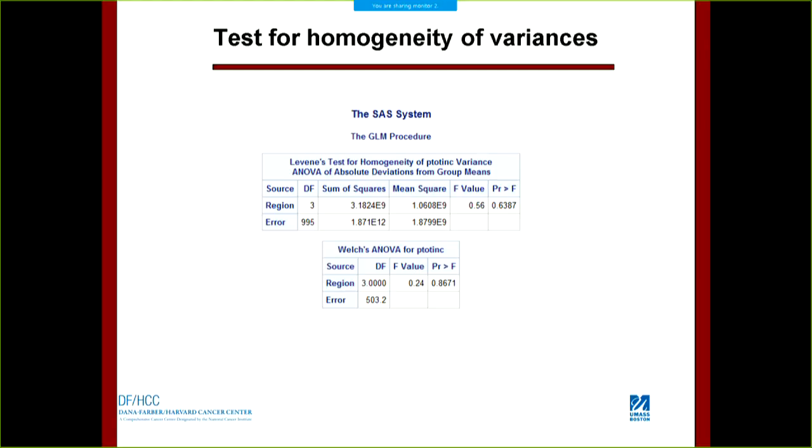Now, similar to the t-test, one-way ANOVA is based on the normality of the dependent variable. We assume that the dependent variable follows the normal distribution, especially for smaller sample sizes.